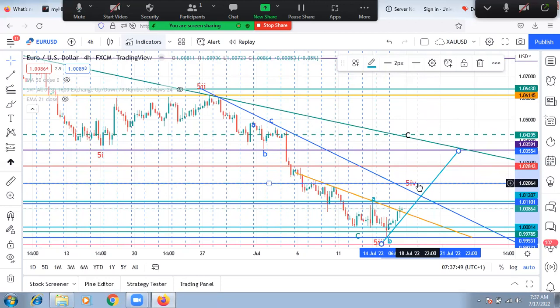A 1 hour alert on this particular resistance at 1.02047 and a 1 hour alert on these 2 areas, because this confluence is a very strong confluence for price action to take place. So if this one is breached to the upside and we see a price action telling us price is going to go for that upside, this is a very strong area for a price action.